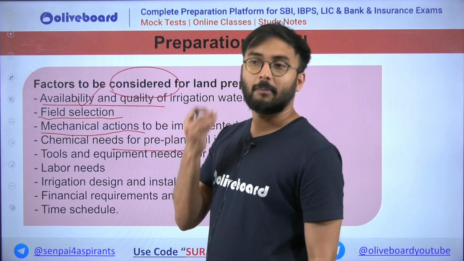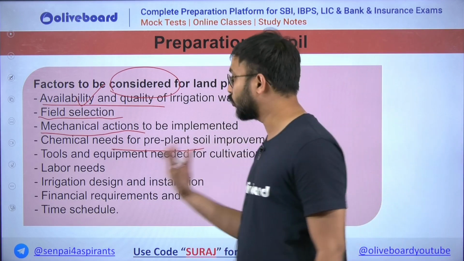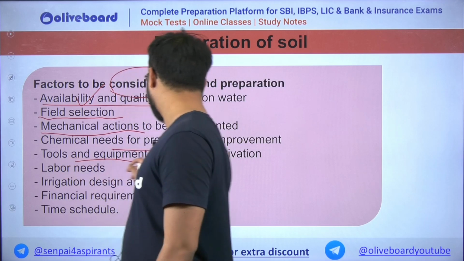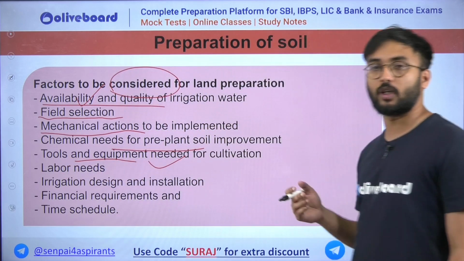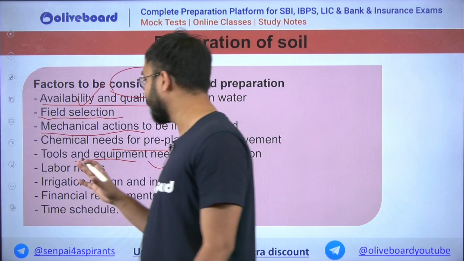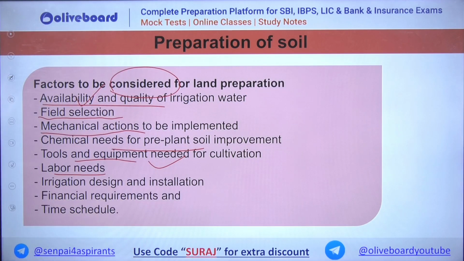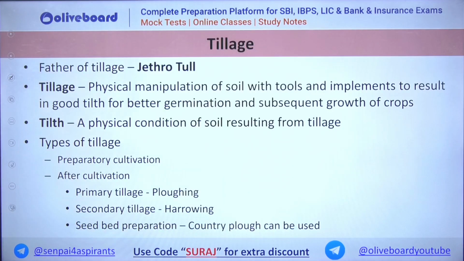Overall, which macro and micronutrients are absent in the soil, and if yes, which have to be added. Then tools and equipment needed for the cultivation, which are the different tools, equipment, and mechanical machines which could be used for cultivation. Labor needs, irrigation design, finance requirement and time schedule are ancillary things on which land preparation is dependent.